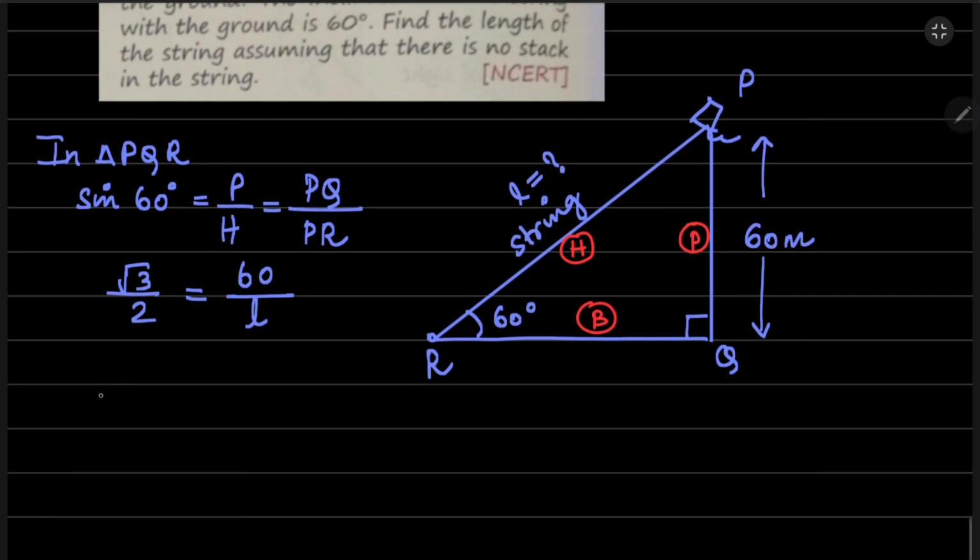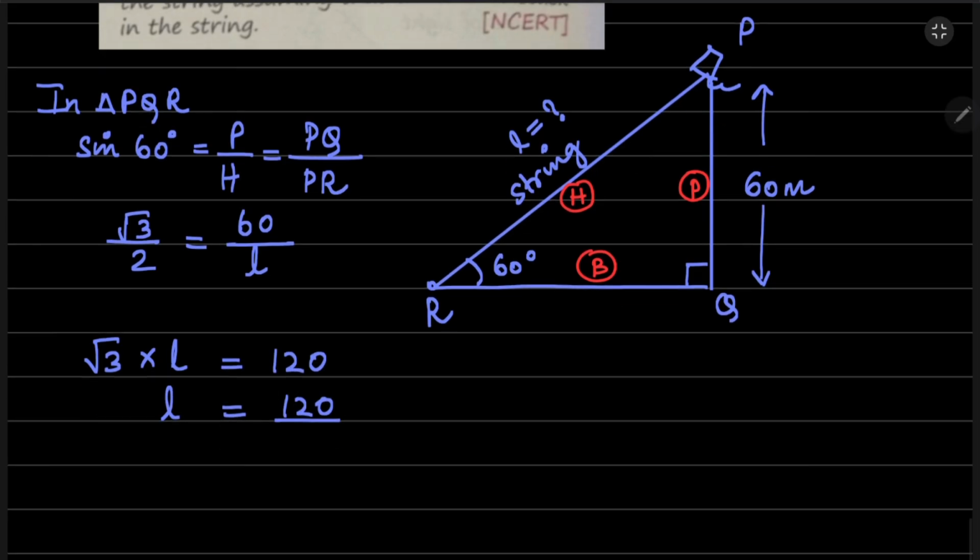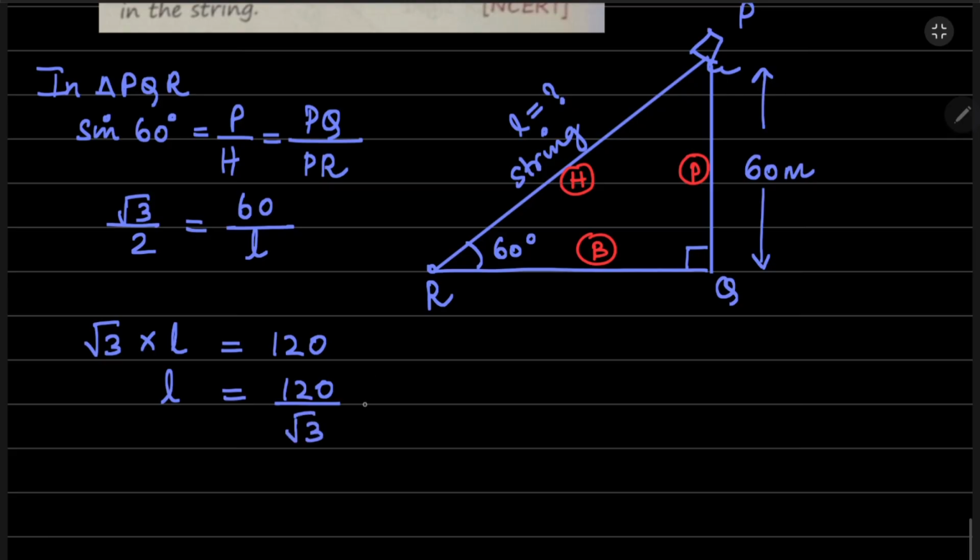Cross multiply. So root 3 multiplied by L is equal to 2 into 60, which is 120. So L is equal to 120 divided by root 3. Again, if you want, you can rationalize. So this is nothing but 120 root 3 divided by 3. Okay, so 3 4s are 12.